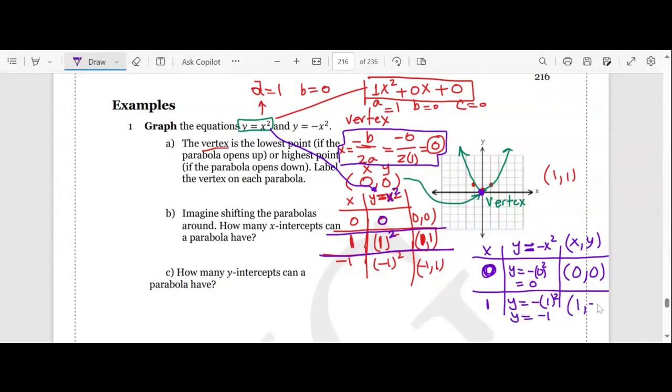So it's 1 and negative 1. Over there. Last point. Put negative 1. So y equals negative 1 squared. y equals what? Negative 1. So it's negative 1, negative 1.